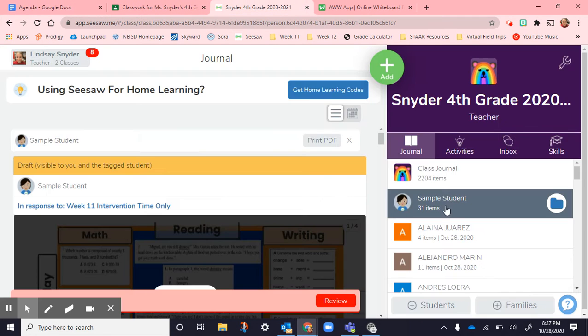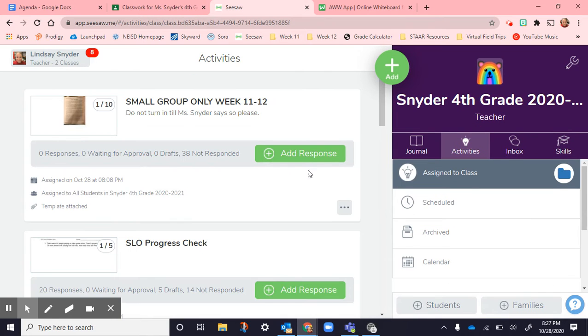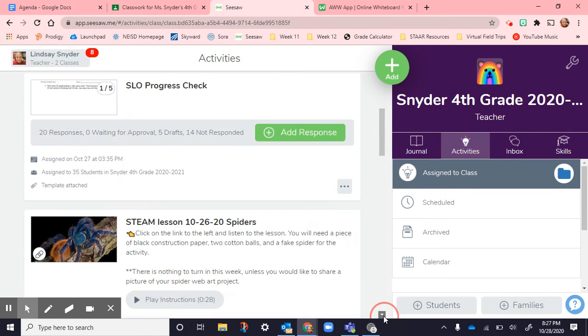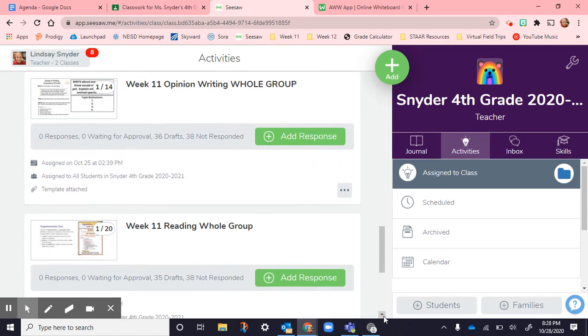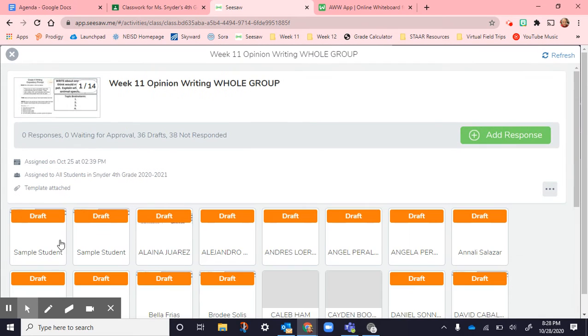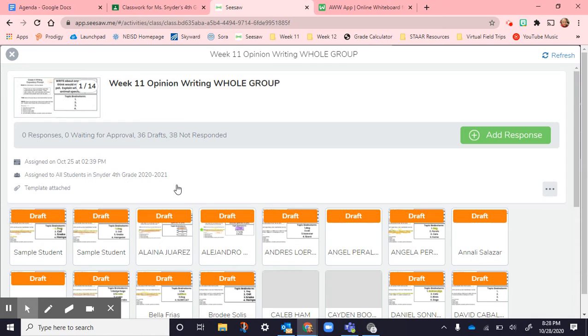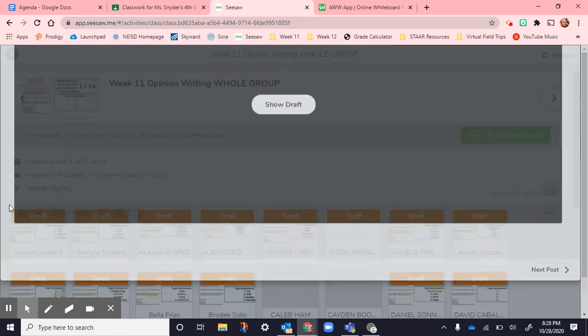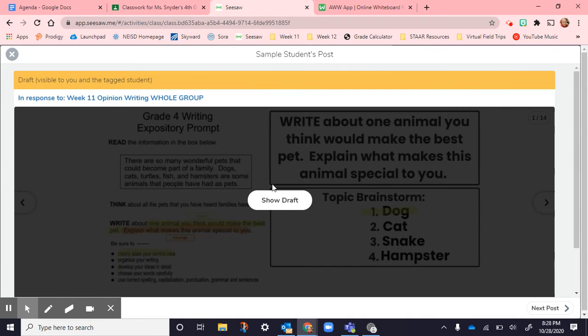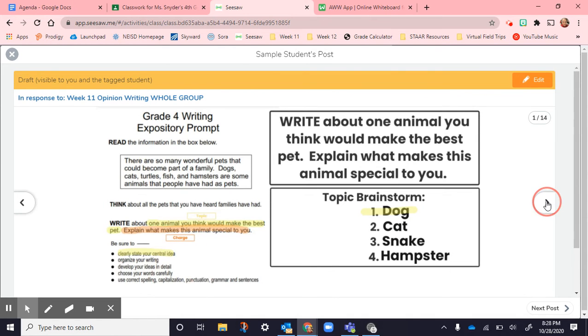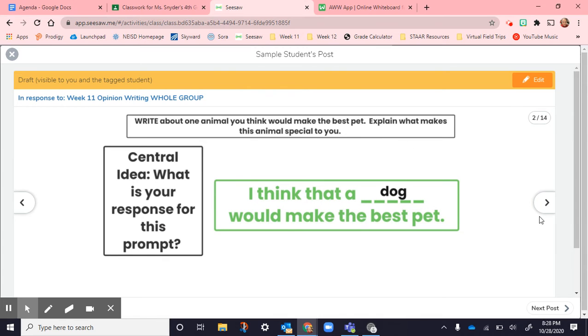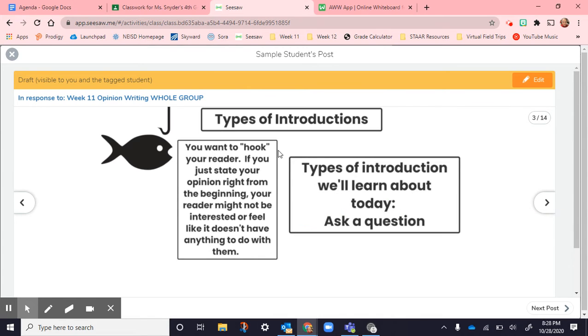And then we went to Seesaw and we did the next section of our opinion writing. So we went down to opinion writing. So we've been talking about, we broke down the prompt page, we brainstormed some different topics, and then we made our central idea, and then we took that and we started talking about how we hook our reader.